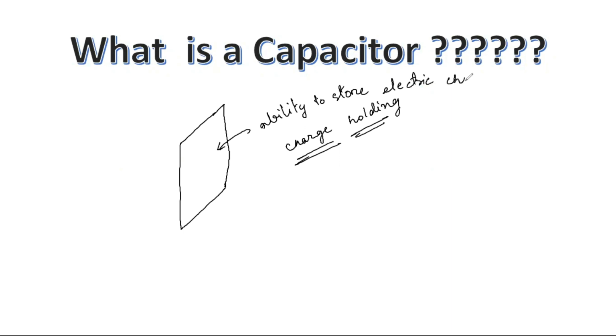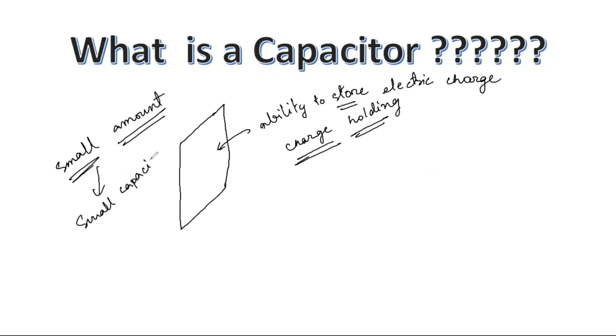Now, even though a conductor can hold electric charge, a single conductor can hold a very small amount of electric charge, because of which it has a very small capacitance value for any single conductor.